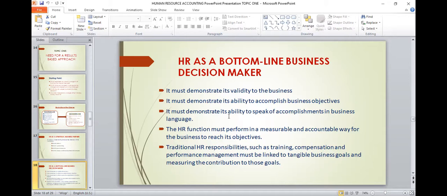Are you valid to the business? Can you demonstrate your ability to accomplish business objectives? This is what will make you relevant, as to whether you can be maintained by top management or not.